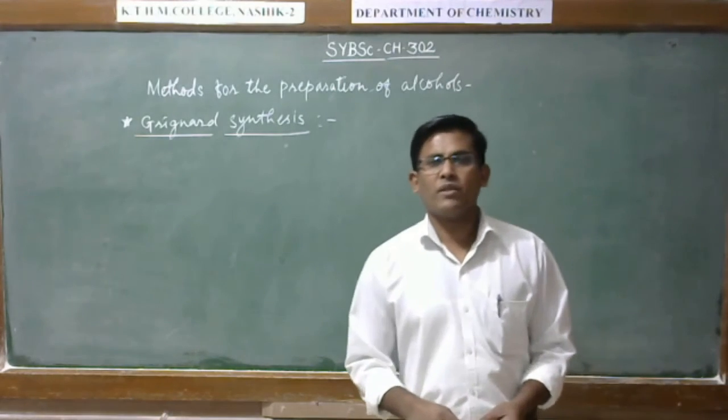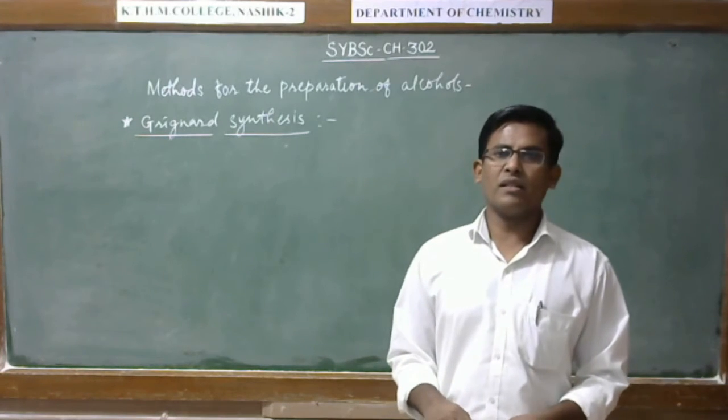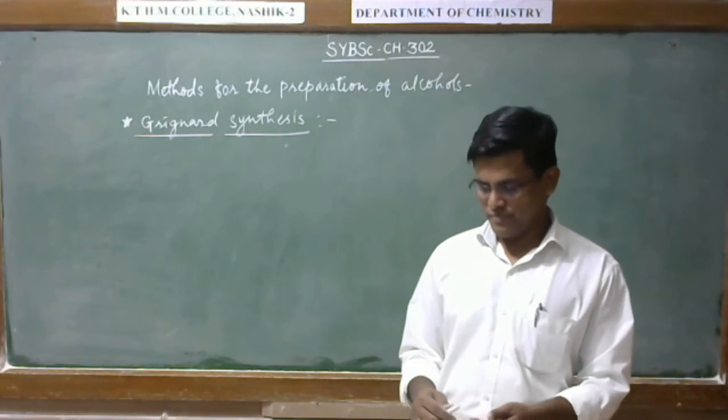On the other hand, when ethyl acetate reacts with Grignard reagent, it will generate a tertiary alcohol.